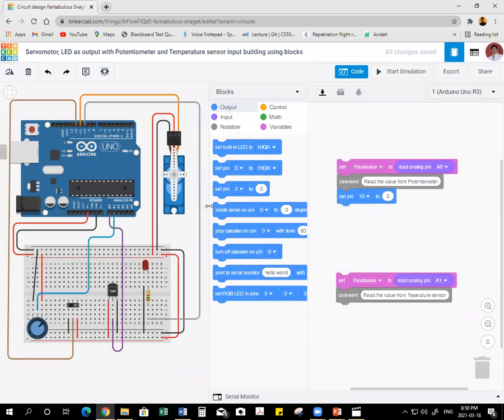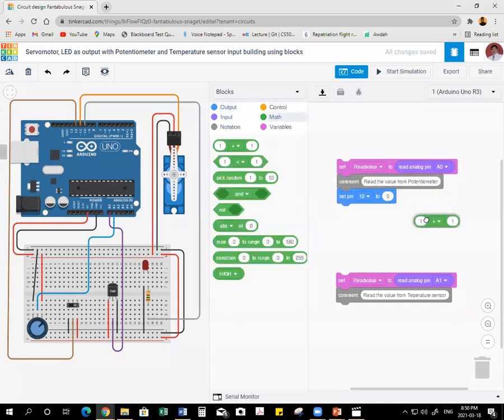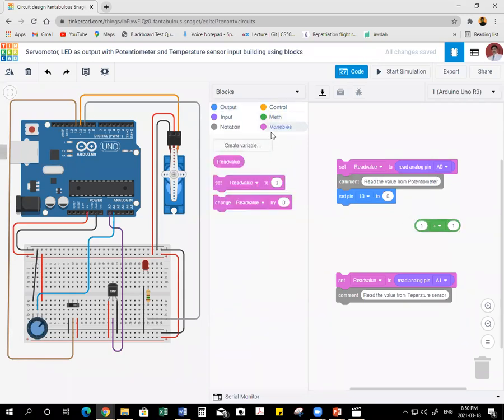Pin 10 is going to the LED. So we are setting the LED with some equation. What is the equation? Math control, please. Here you keep it, and variable read value, multiply by 0.25. Now you keep it here.